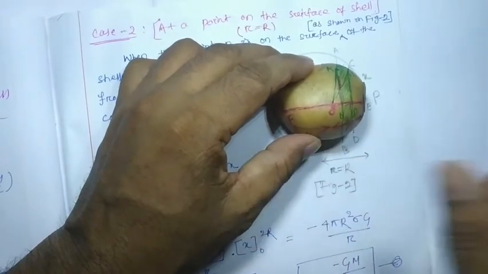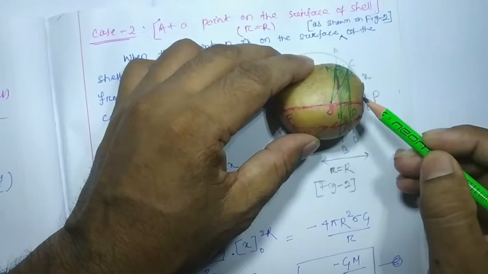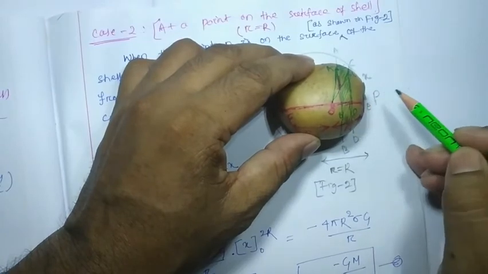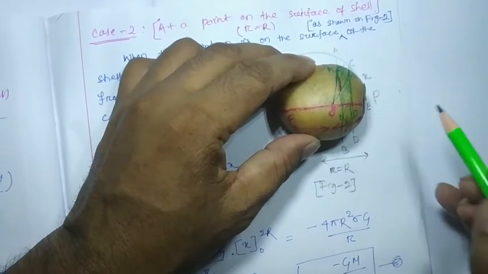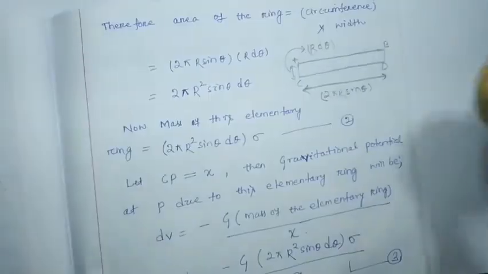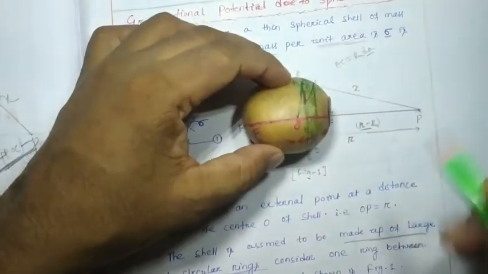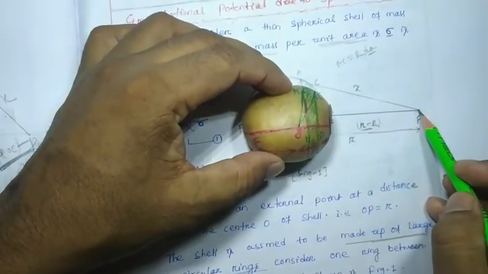Now the point is over here only, so what will this length be? You can see, the point is here.